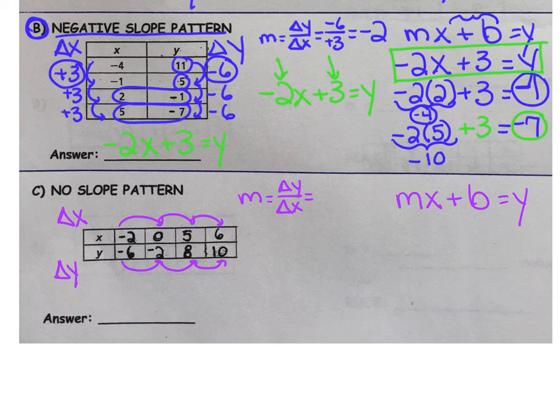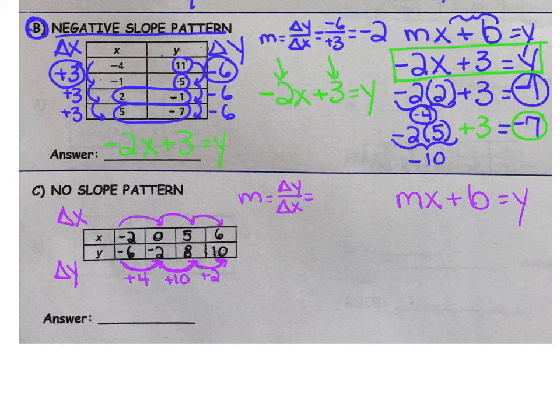As we begin this process, let's start with the y's. To go from a negative 6 to a negative 2, we've increased by 4. To go from negative 2 to positive 8, we've increased by 10. And 8 to 10, we've increased by 2.